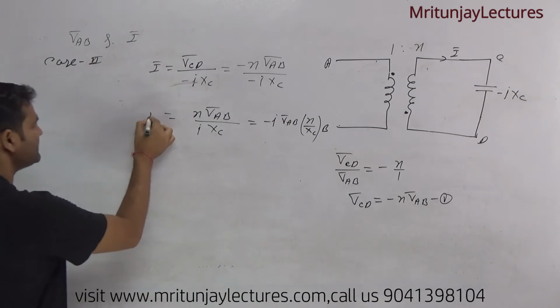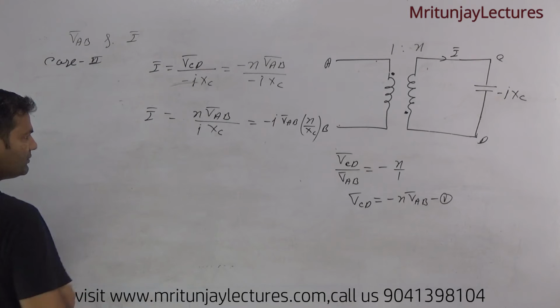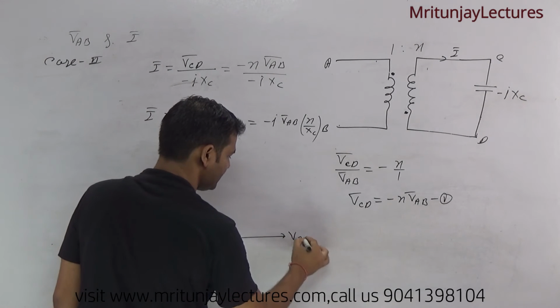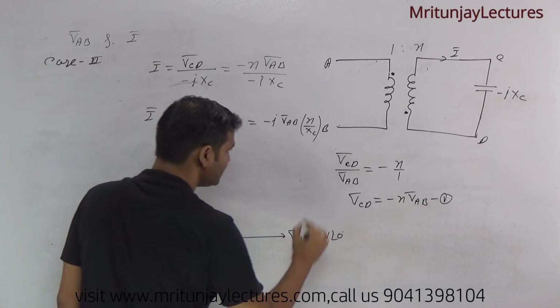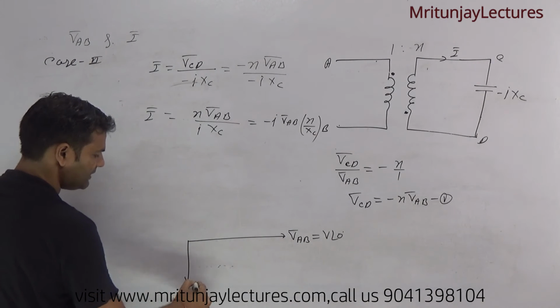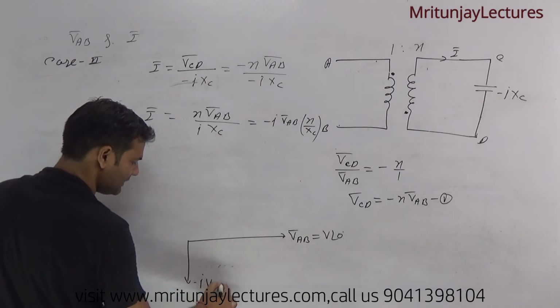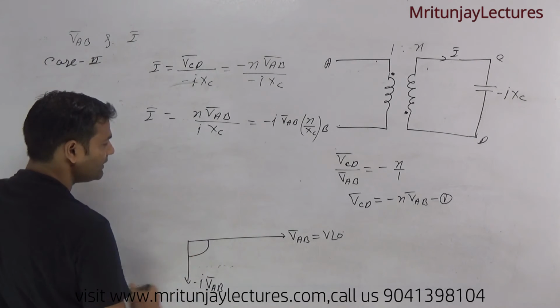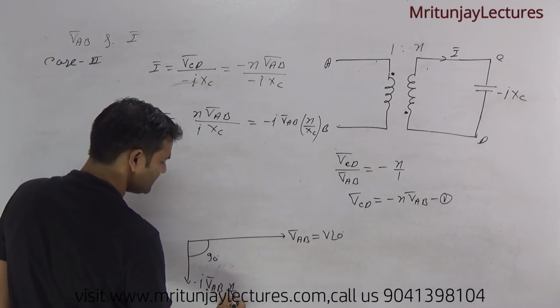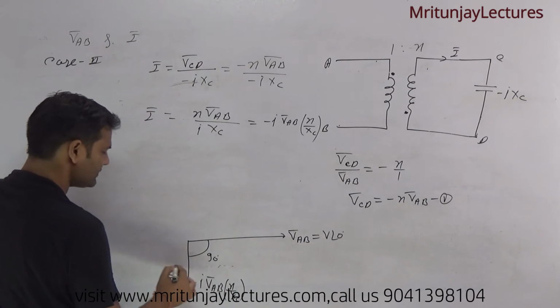So if you make V of AB like this, V of AB equal to V at the angle 0, then what about minus j V of AB? Make it like this: that is minus 90 into n divided by XC, which represents the current.